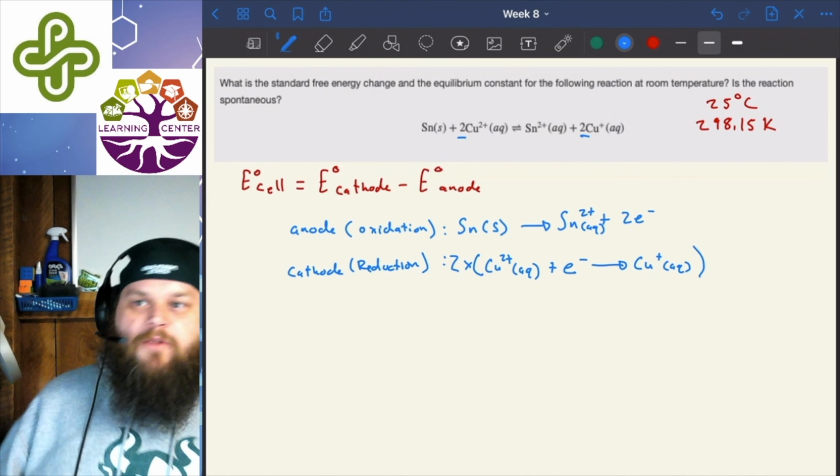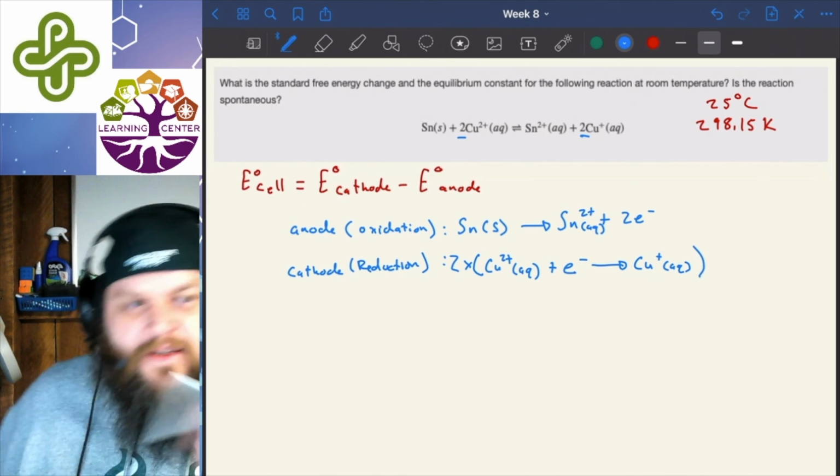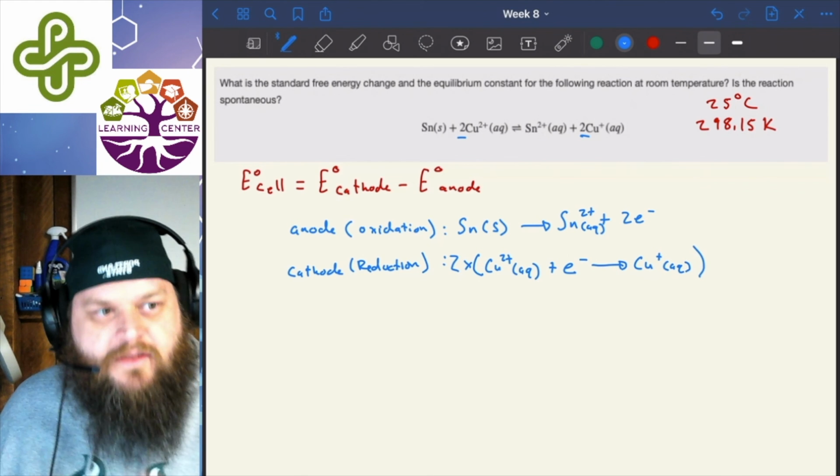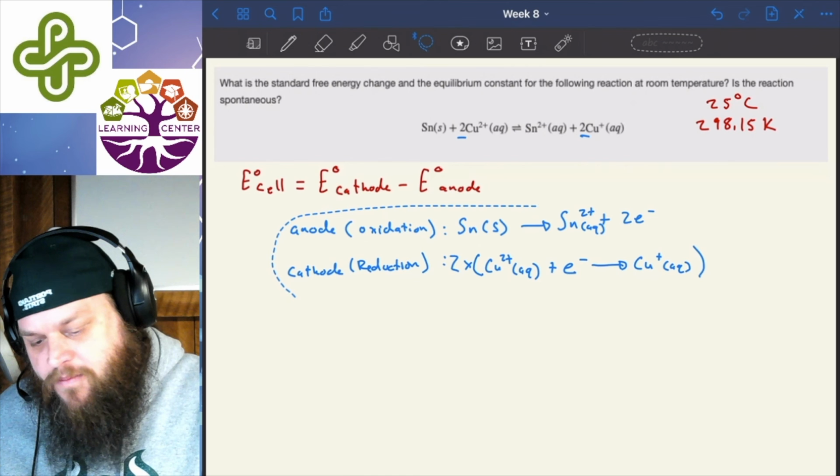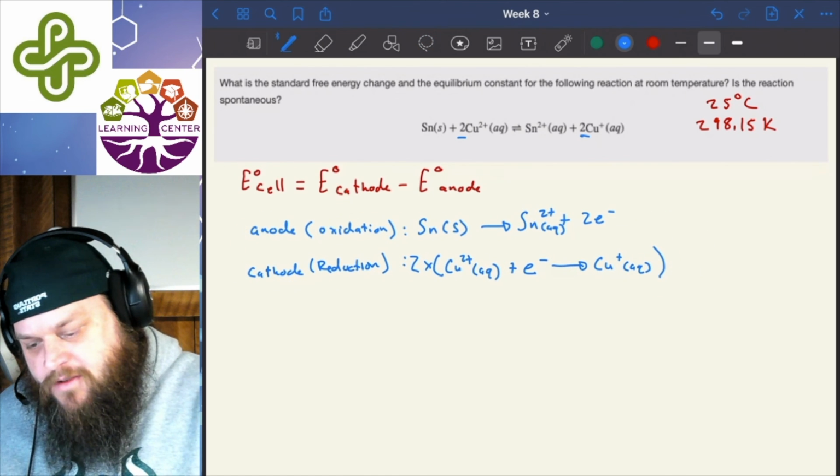So that's that half reaction there. But really it's that Cu2+ to Cu+ reaction that we want to look at and find out what the voltage potential of that is.